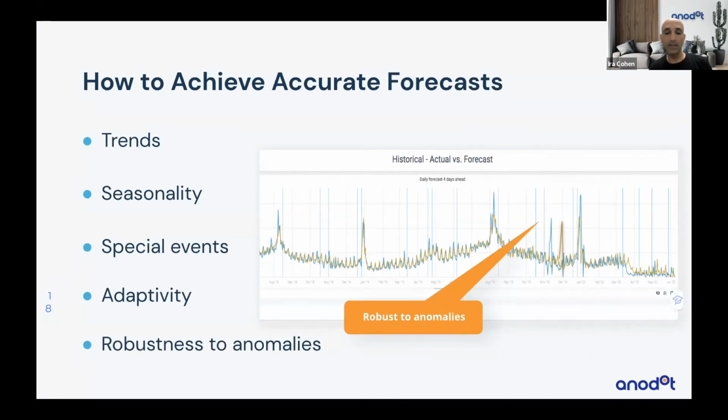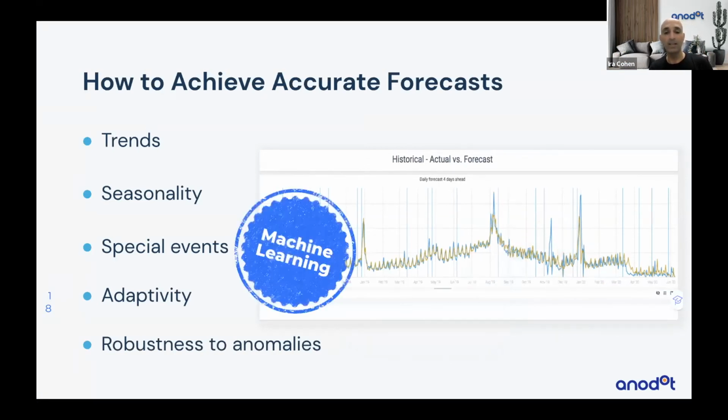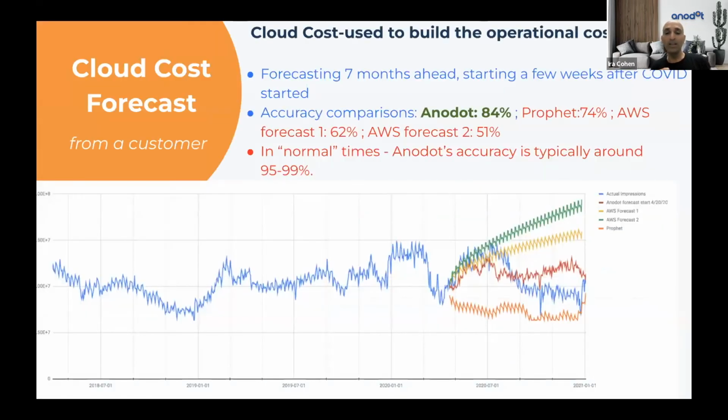If we go to the next slide, I'll show a very, very challenging example, one of the most challenging examples we've had from a client, where we were required to produce a 7-month forecast, and this was beginning of May, I think, 2020. So a month after all of COVID started.